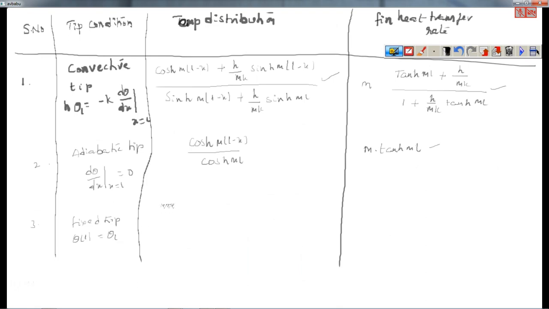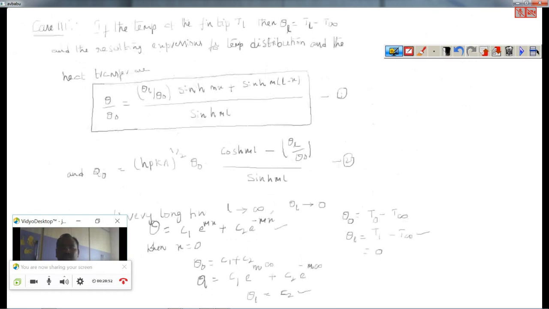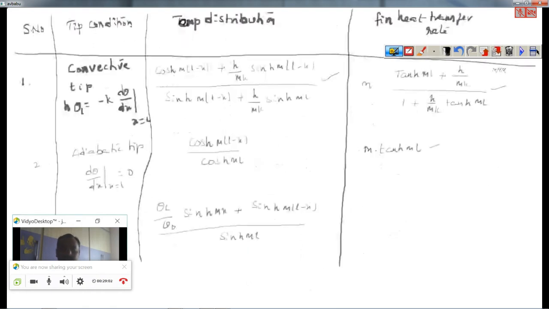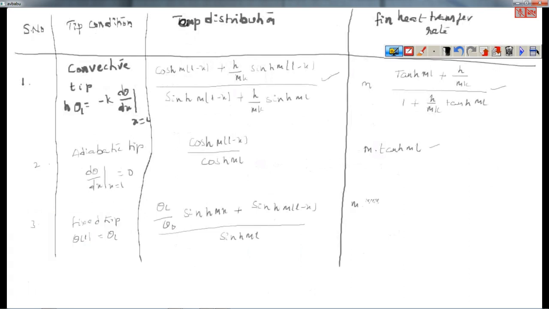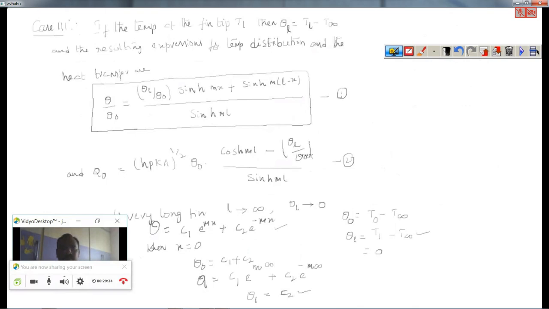The equation we have shown today is theta by theta 0 equals sinh mx plus sinh m(L minus x) divided by sinh ml, and the heat transfer rate we derived is m into cosh ml minus theta L by theta 0 divided by sinh ml. Okay, this is the third case.